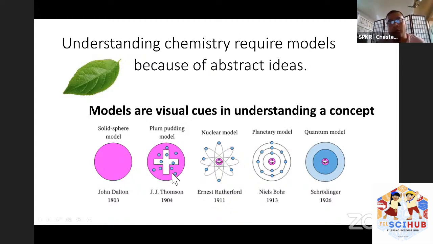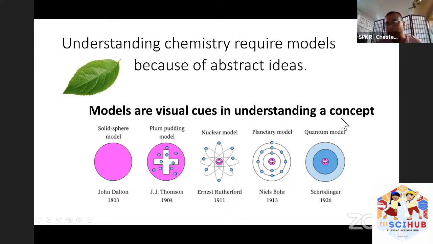And then later on, nung na-discover nila yung nucleus, nagkaroon ng nuclear model. Okay? So ano nga ba yung nuclear model? So sabi nila may nucleus sa gitna ng atom, composed of the protons and the neutrons, and then yung mga electrons are circulating around the nucleus. So nuclear model yan. And then na-revise na naman ito. Naging planetary model ito by Niels Bohr.